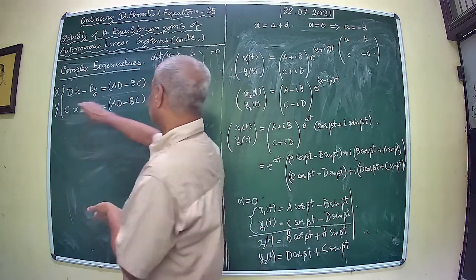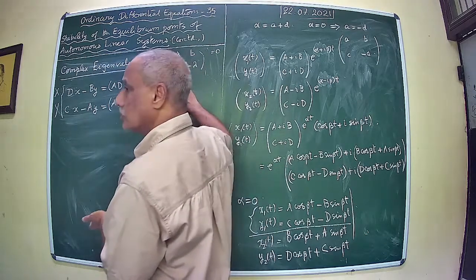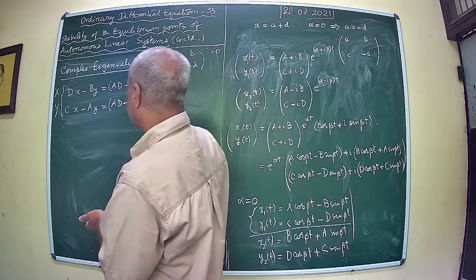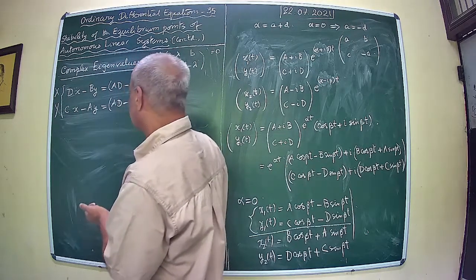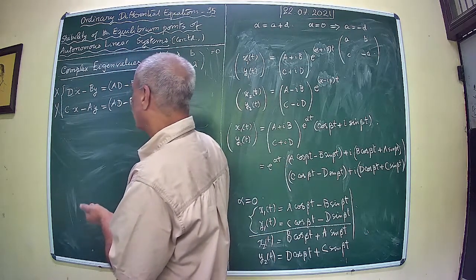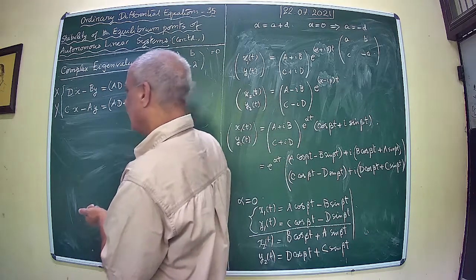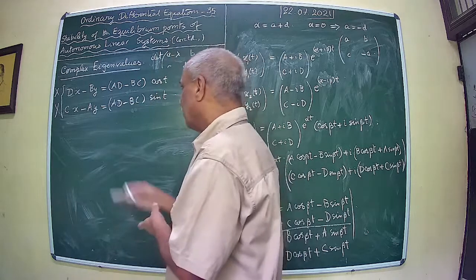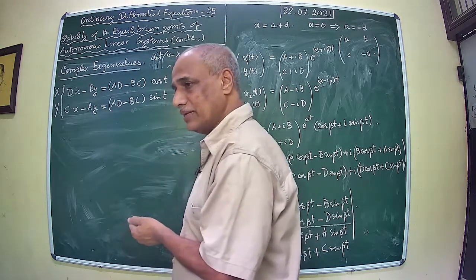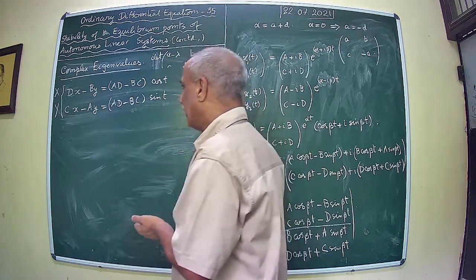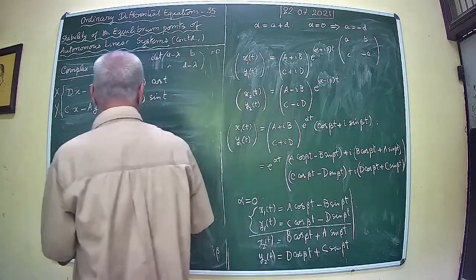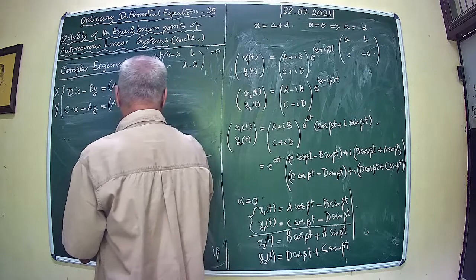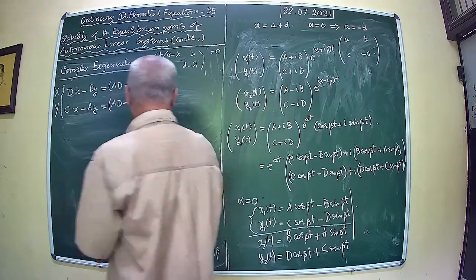I get X equal to a constant times cos t, Y equal to the same constant times sin t. So I get X square plus Y square, a circle, with capital X and capital Y. On the other hand, in the xy space, it is going to be something like this. It will give you an ellipse.